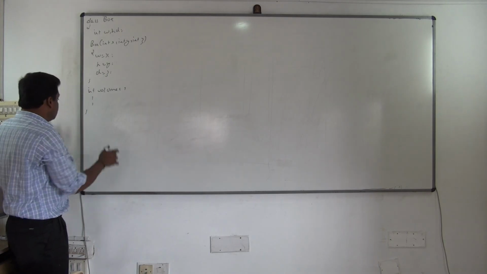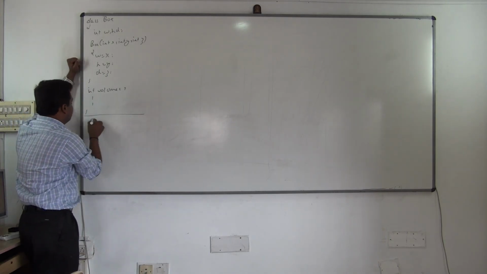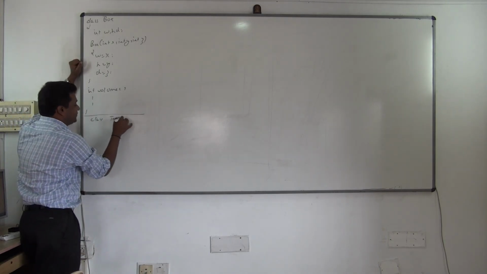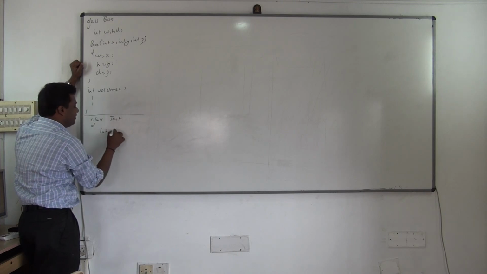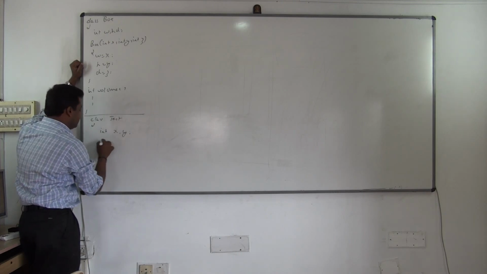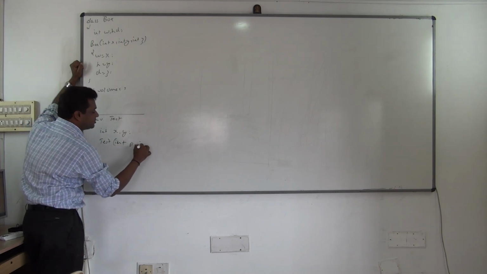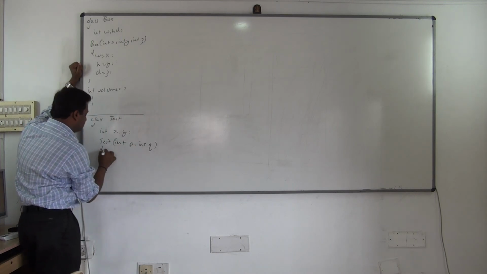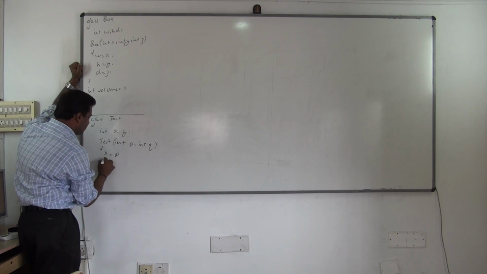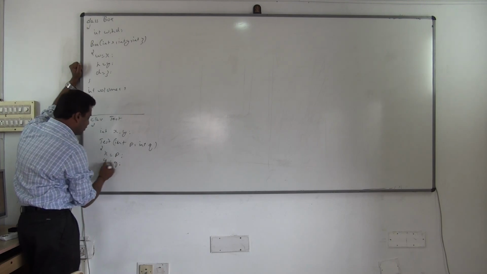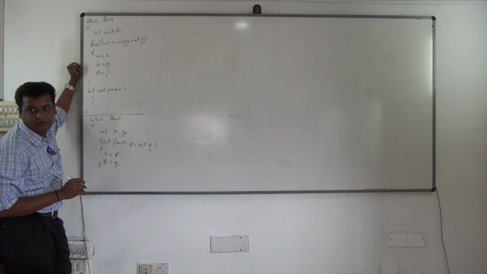Okay. Similarly, I'll have one more class called test, and I'll have int x, y. I'll have one constructor for test also. X is equal to p, y is equal to q. I'll show you how to send two user defined data types as arguments.